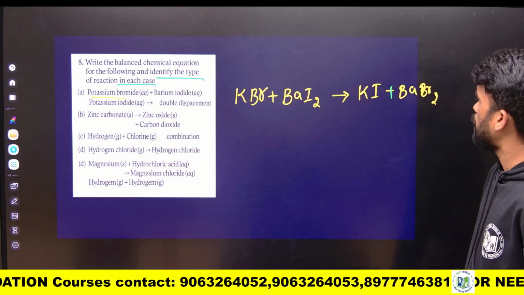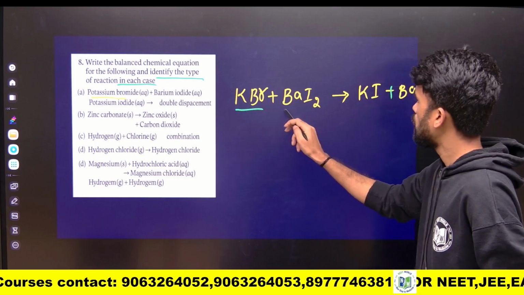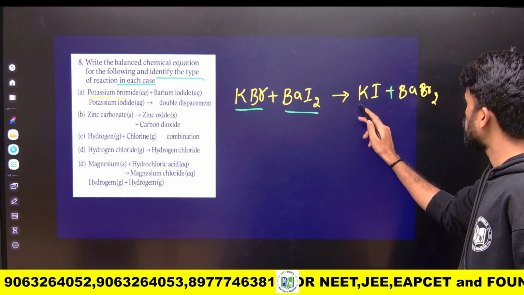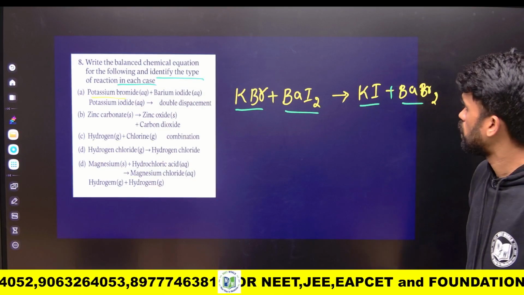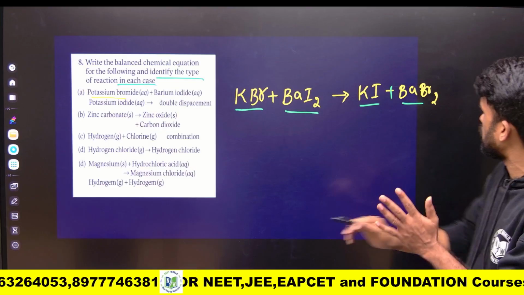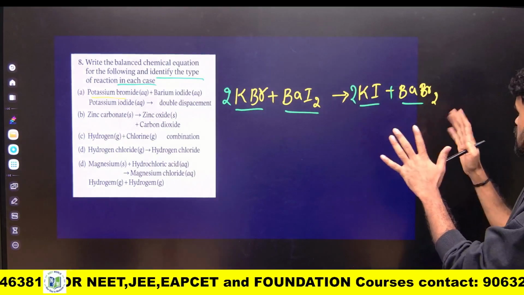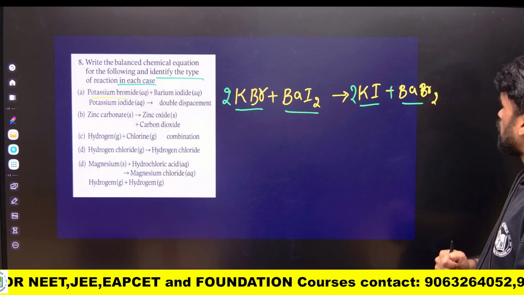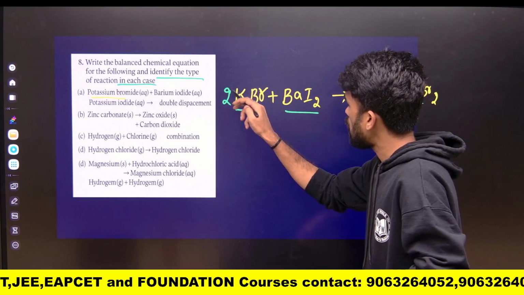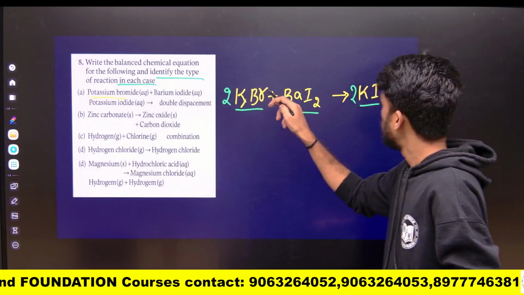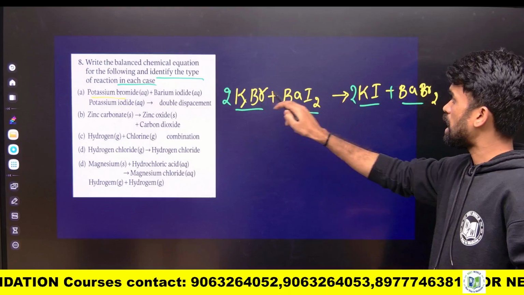So what happened here? We have KBr and BaI2, and here we have KI and BaBr2. So what is the difference we are observing here? If you take KI 2 times, yes, the reaction is balanced here. So nothing to worry about the reaction. See, potassium which was attached with bromine, on this side bromine is attached with the barium.